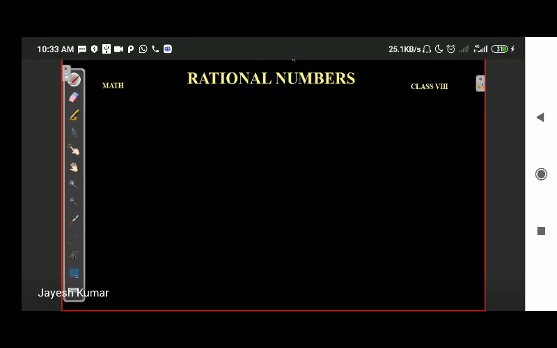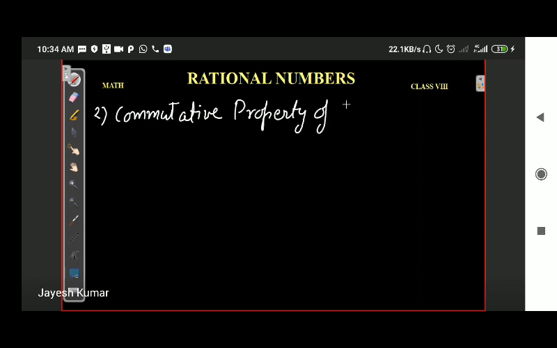Moving on to the next property, that will be commutative property. Commutative property of subtraction.